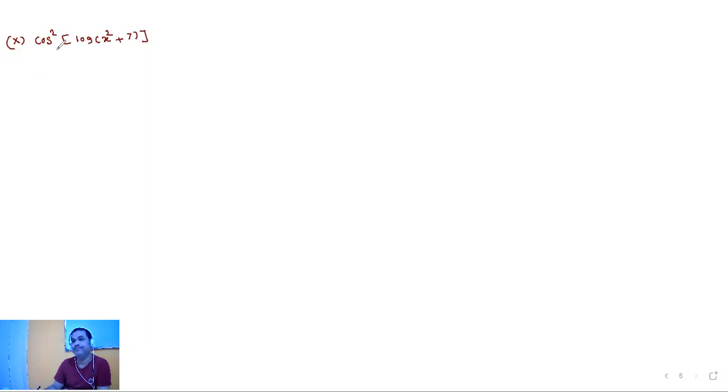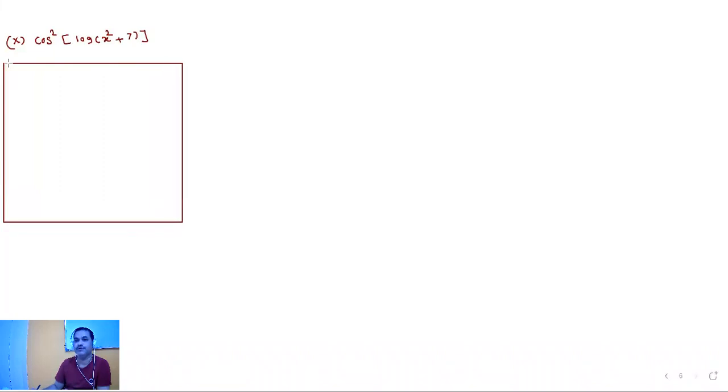So in this sum, we need to note down the important formulas which are required to solve this particular sum. Let us write down the formulas which we require.